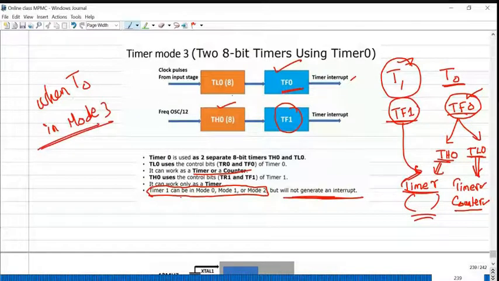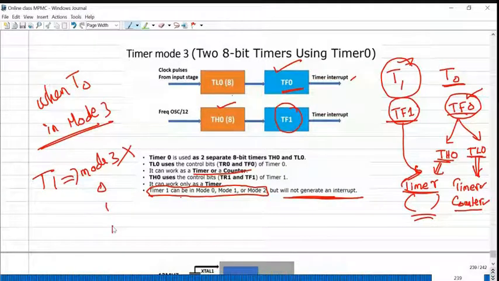When T0 is in mode 3, T1 cannot work in mode 3. But T1 can work in mode 0, mode 1, mode 2, though it cannot generate the interrupt signal because the T1 interrupt is utilized by TH0. You should be clear with this concept while writing programs.